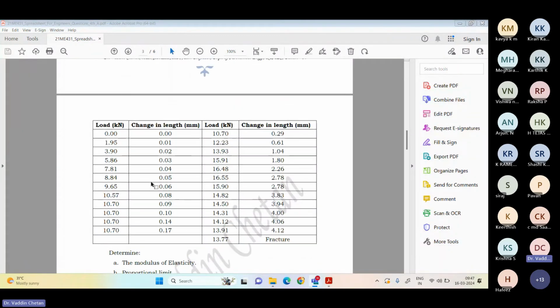Before going to that, we need to create this tabular column.